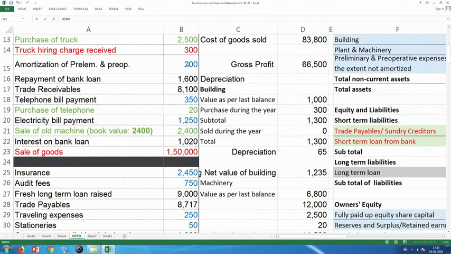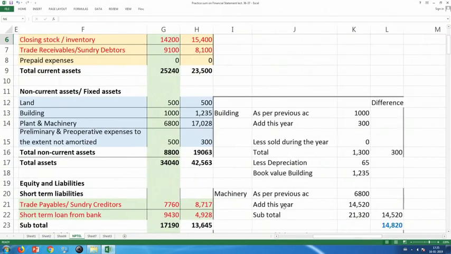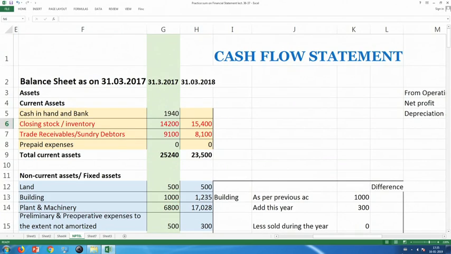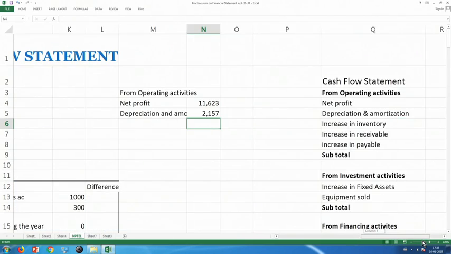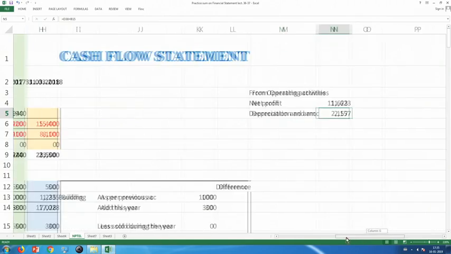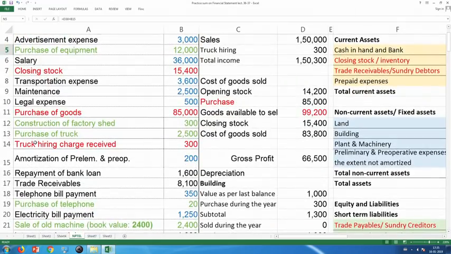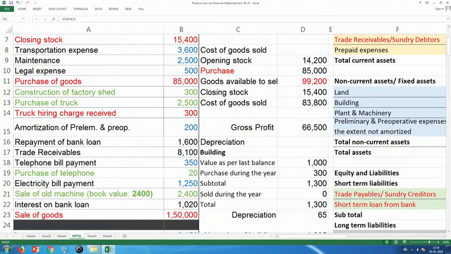Amortization of preliminary preoperative is 200. So, this should be 300, I suppose. So, depreciation and amortization is 2157. Depreciation is 19 something and amortization is 200 and something. So, amortization is 200. Okay.